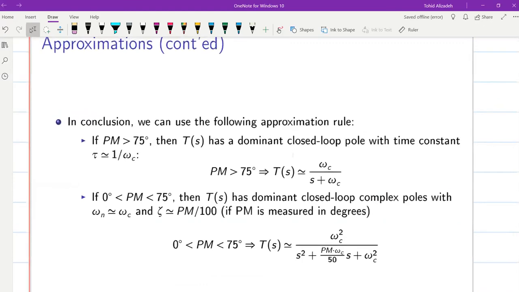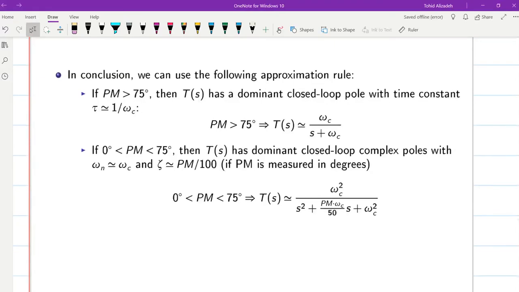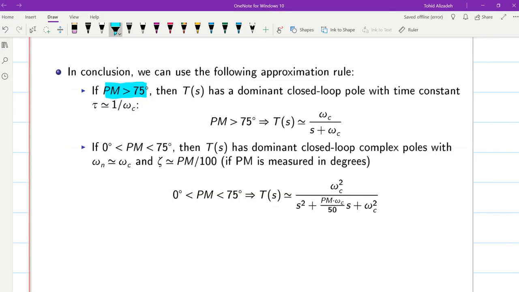You can see how the approximation that we have will work in it. If we have phase margin bigger than 75 degrees, we will use the first order approximation for T of S, and T of S will be almost equal to omega c over S plus omega c. So tau is equal to 1 over omega c.